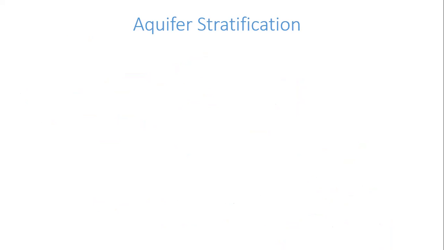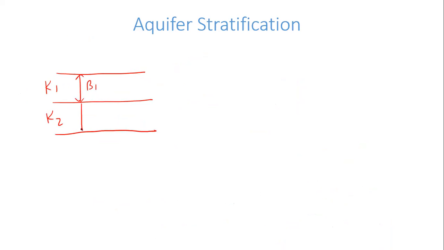So now let's quickly try to understand how things would be if I had flow occurring perpendicular to the layers. Again, I have the same setup. I'll do it for a simple case of two layers, and then we'll extend the understanding to a general understanding of n number of layers. So suppose I have flow going perpendicular to the layers, so the flow is going past the layers in the vertical direction.